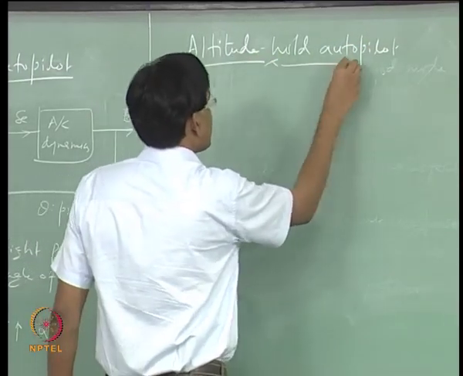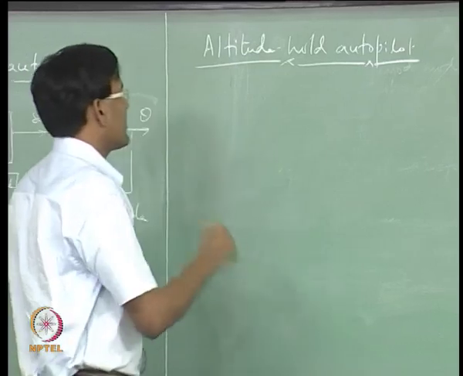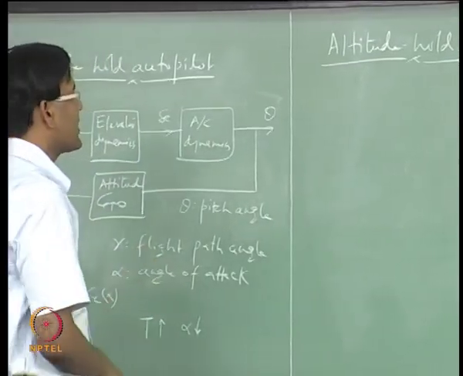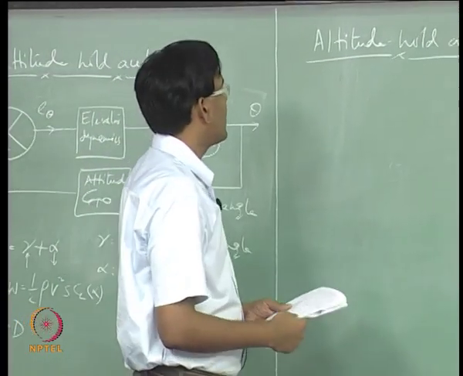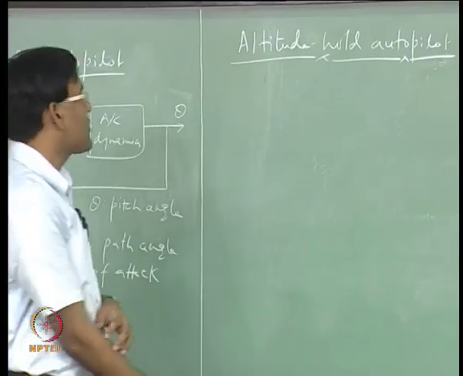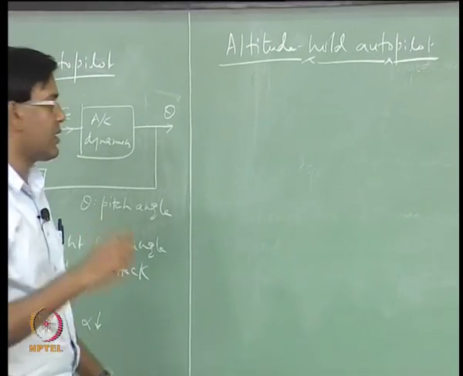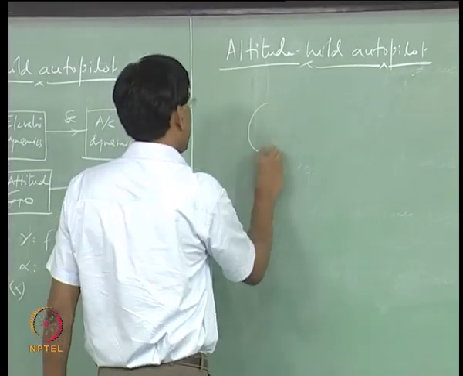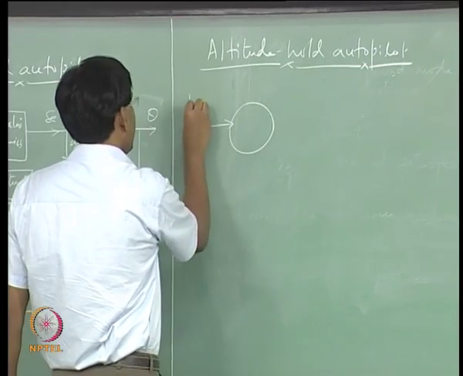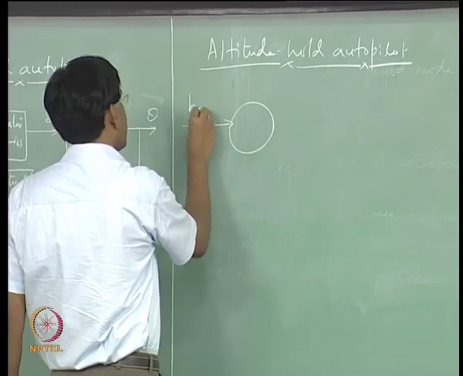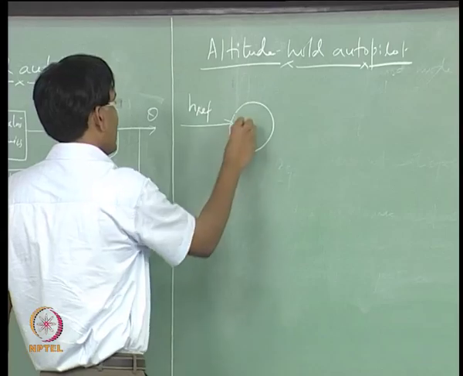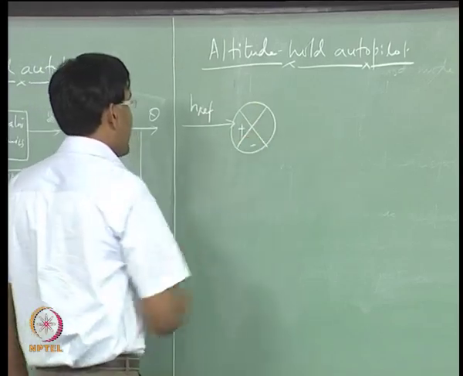Clearly, as the name suggests, the main function of this altitude hold autopilot is to maintain an altitude, a prescribed altitude, which is called H reference here. Idea is same.